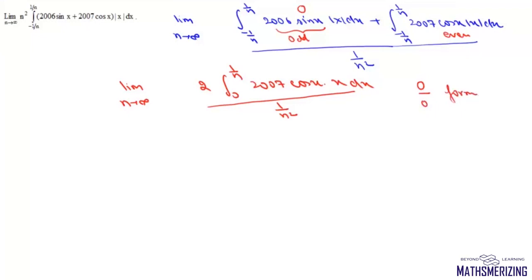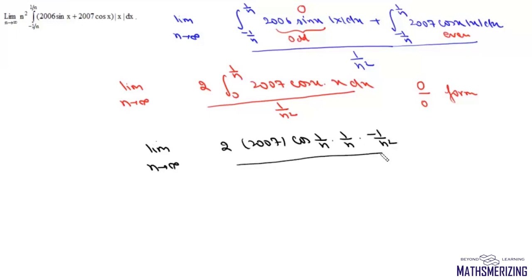So we'll use L'Hopital's rule, where we'll differentiate numerator and denominator. So we'll write limit n tends to infinity of 2007 cos 1 by n into 1 by n, and then the derivative of 1 by n will be minus 1 by n square, and in the denominator it will be minus 2 by n cube.